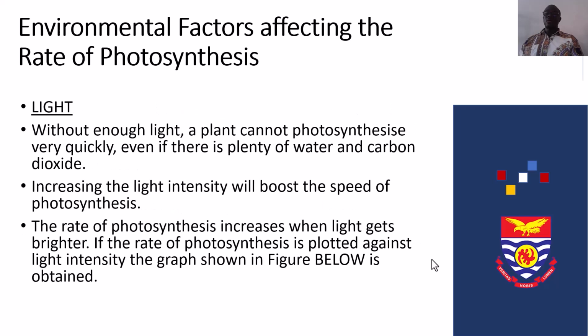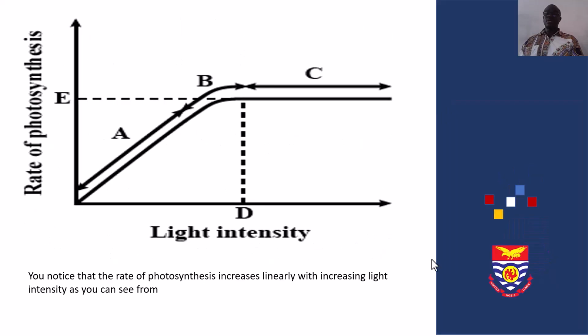So, light. Without enough light, a plant cannot photosynthesize very quickly, even if there is plenty of water and carbon dioxide. Increasing the light intensity will boost the speed of photosynthesis. The rate of photosynthesis increases when light gets brighter. If the rate of photosynthesis is plotted against light intensity, the graph shown in the figure below is obtained.